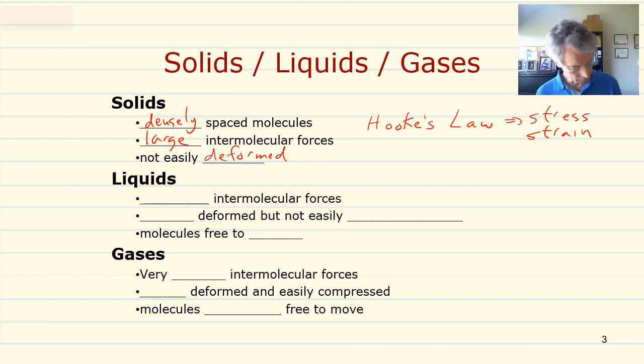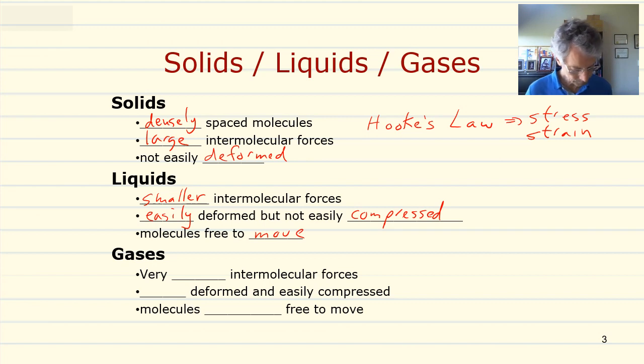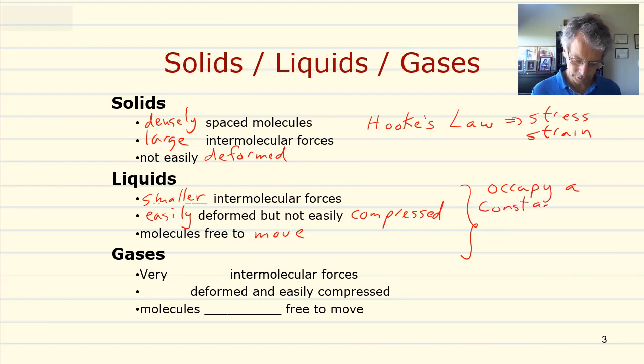Now, liquids have smaller intermolecular forces than solids, and they are easily deformed, but not easily compressed. Okay? And the molecules are free to move. So with liquids, they occupy, we could say, a constant volume, or at least approximately constant volume, unless we subject them to a very high pressure.